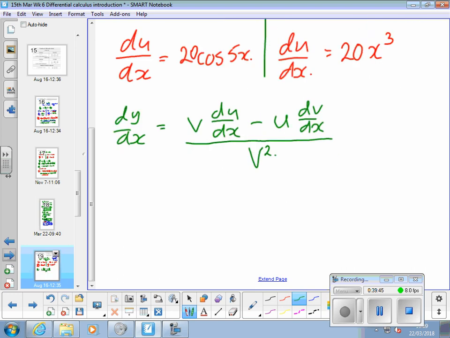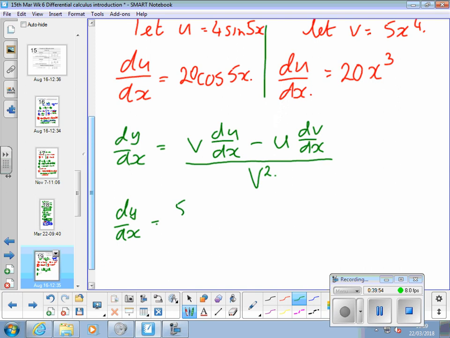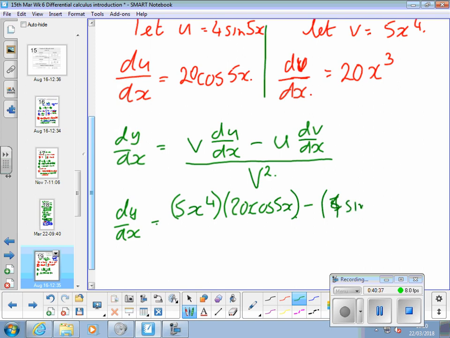So then we put our result in. dy by dx is equal to v, 5x to the power 4, times du by dx, 20 cos 5x, minus u, 4 sine 5x, times dv by dx, 20x cubed.